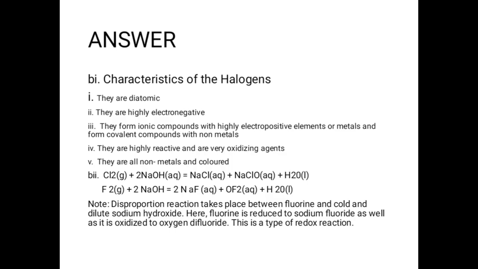It's a reaction in which a particular substance is reduced and oxidized almost simultaneously. So disproportionation is a type of redox reaction where you have reduction and oxidation taking place at the same time. So a disproportionation reaction occurs when fluorine reacts with cold dilute sodium hydroxide. Please take note of that.